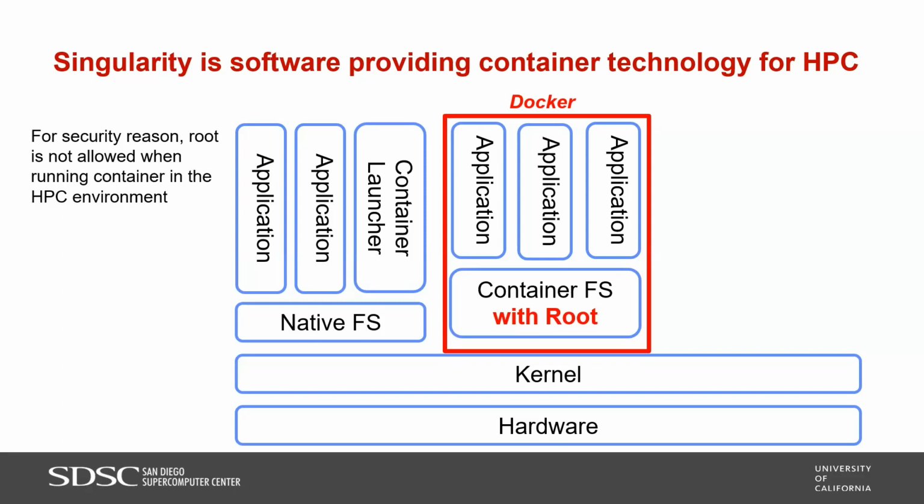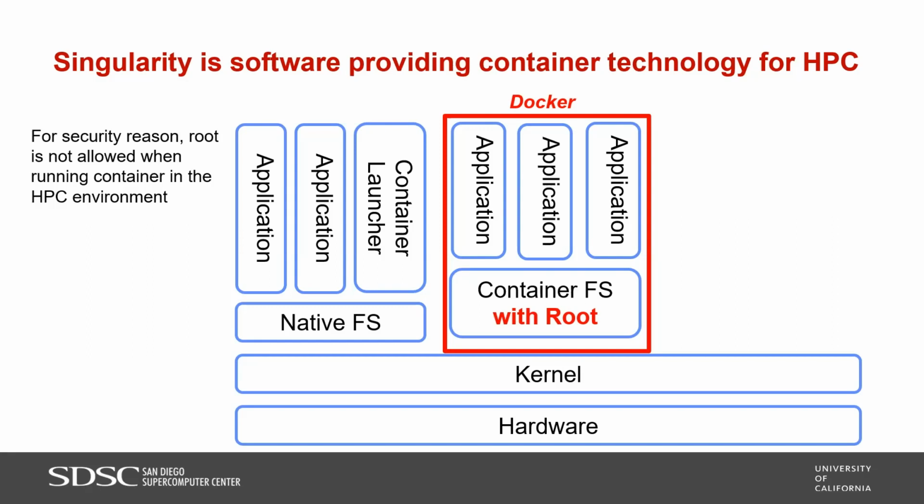But the thing is, the Docker container is not designed for use on HPC, because inside the container you can have root permissions. So you can use sudo, and you have root in the container, which is not allowed in an HPC environment.